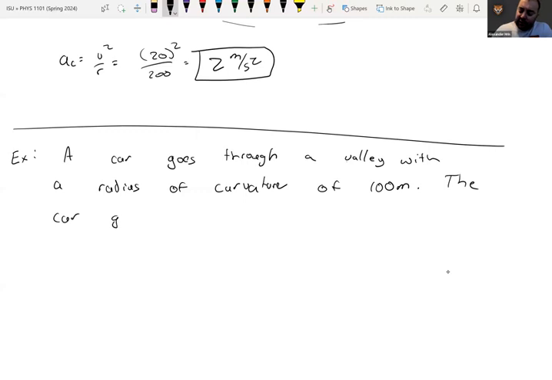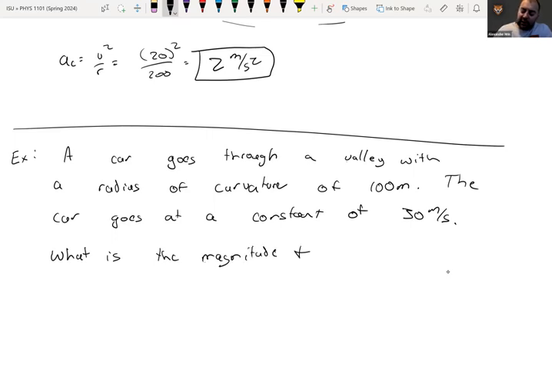The car goes at a constant speed of 30 meters per second. What is the magnitude and direction of the car's acceleration?